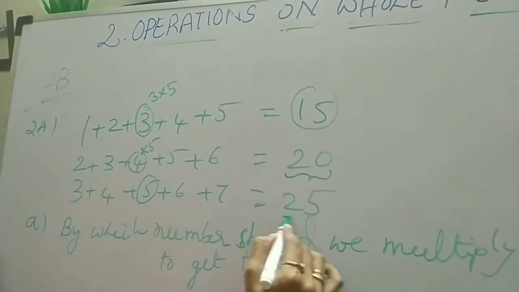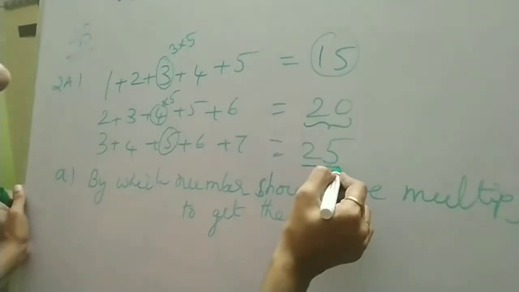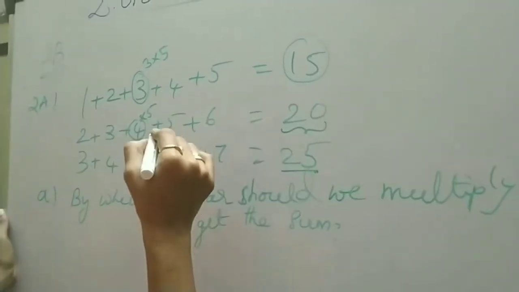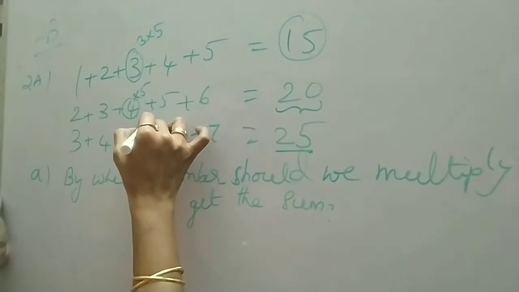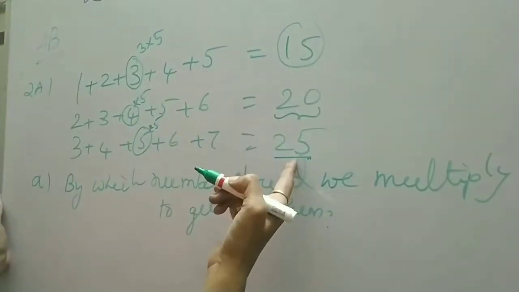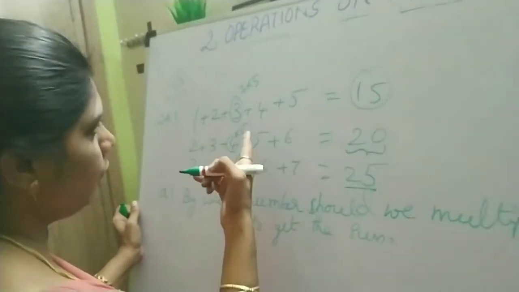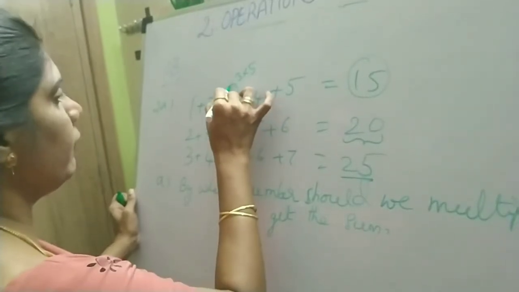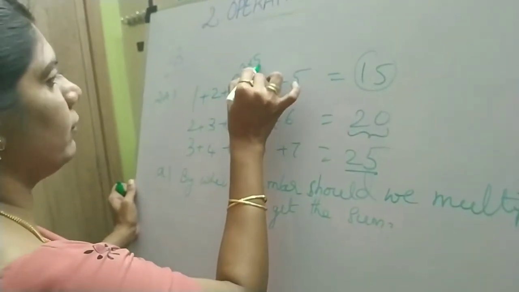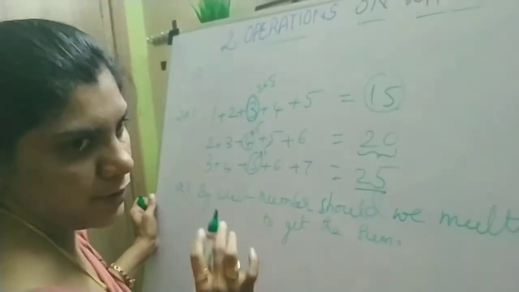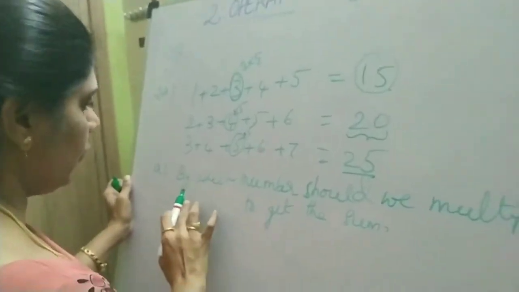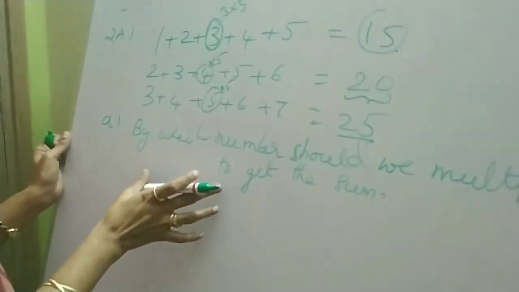If you observe this one, 25. Where do you get 25 in the fifth table? 5 times 5. You get 25 only. So what we are doing here is multiplying. If you multiply the middle number with 5, you get the result. So that pattern we have found out here.